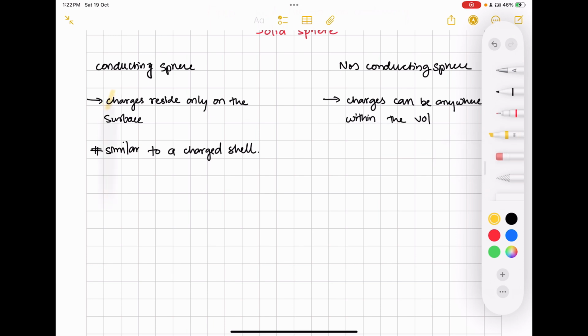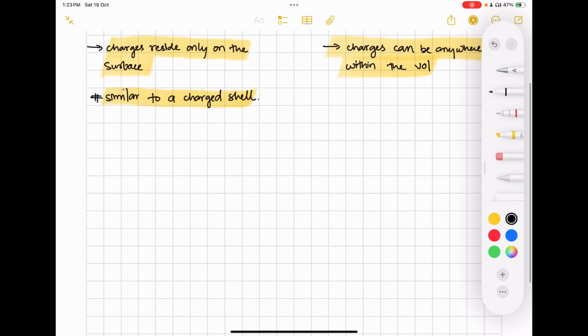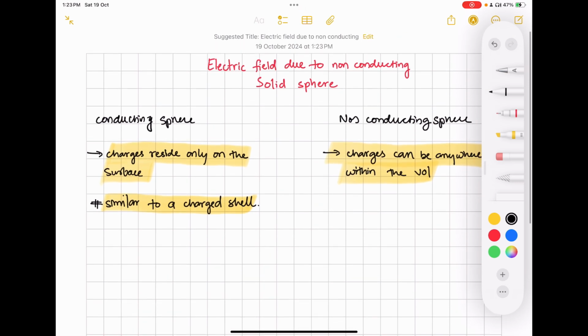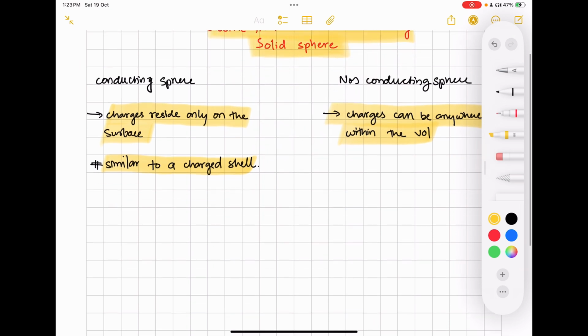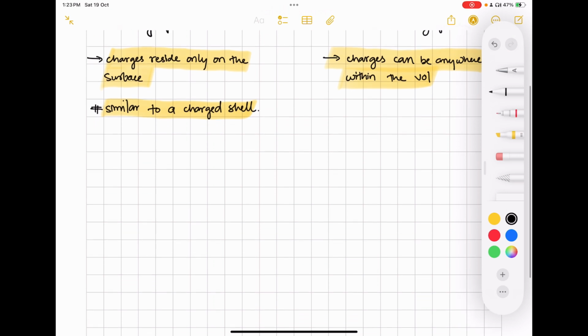For a conducting sphere, charges will reside only on the surface, hence it is similar to a charged shell. For a non-conducting sphere, charges can be anywhere within the volume because it is non-conducting. So we will study the electric field due to a non-conducting solid sphere.